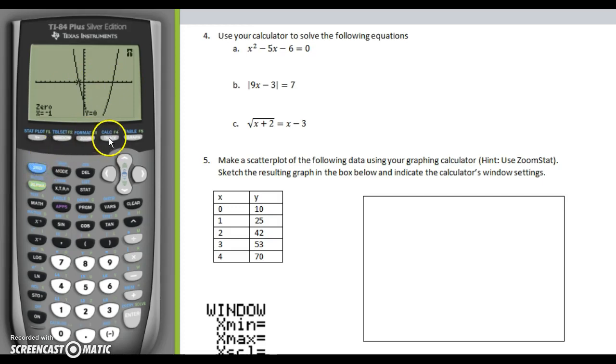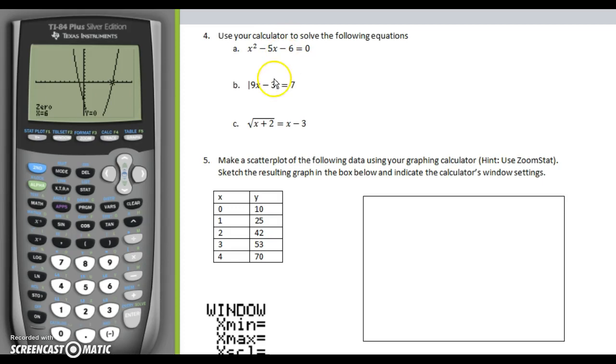So you do second trace, 0, left bound, move it over to this side, hit enter, right bound, move it to the right, hit enter again, guess, get it close, hit enter last time, and the other solution is x equals 6. So the two solutions are -1 and 6 for this first one.